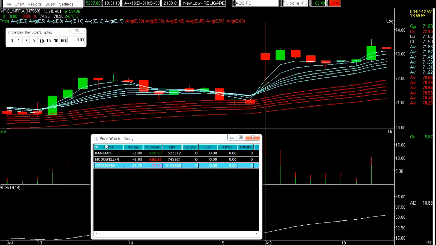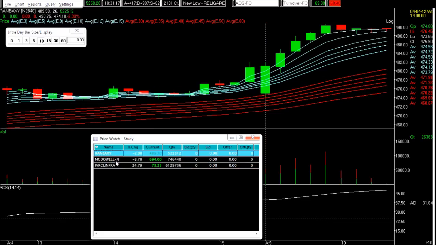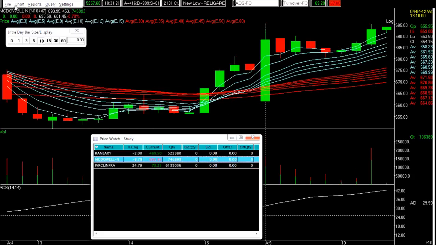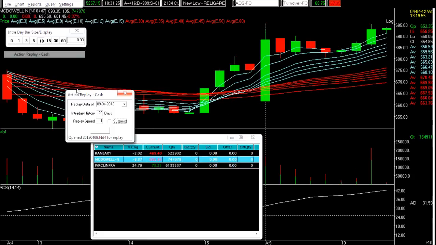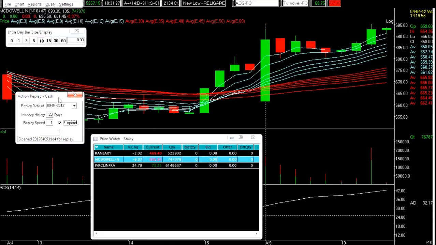What really decides that? For example, in this stock McDowell, I have paused this software. What you need to see is that after a small pullback, like there was a rally here, and after about here there were 3-4 candles which are consolidating.